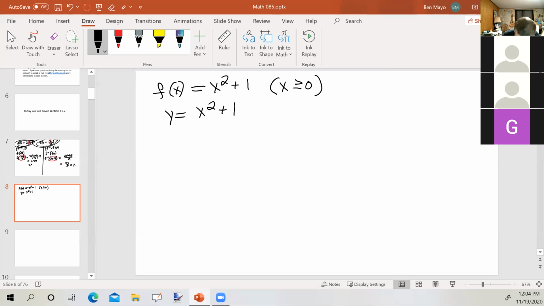Step number 2, interchange x and y. Oh, I screwed up, didn't I? I'm looking at that going, no, something's wrong there.